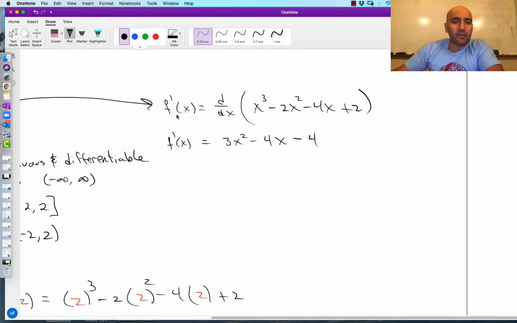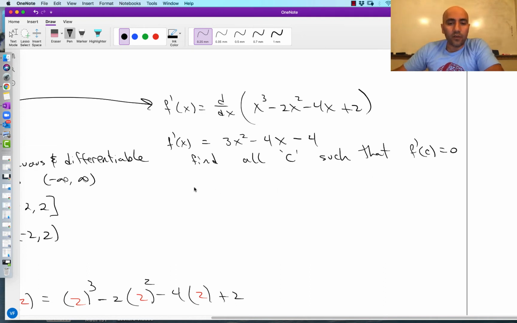We need to find all c such that f prime of c equals 0. Find all values that give you a 0, and also that c has to be in the interval between negative 2 and 2. So f prime of c is going to be 3c squared minus 4c minus 4.